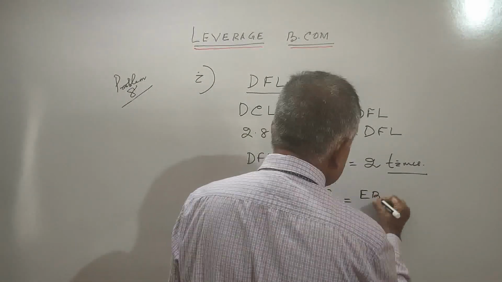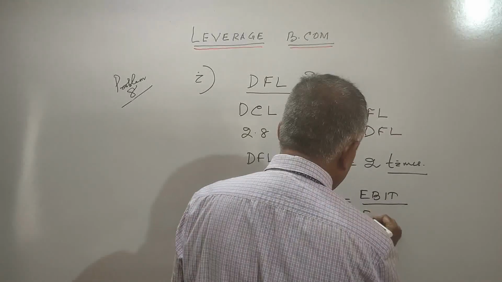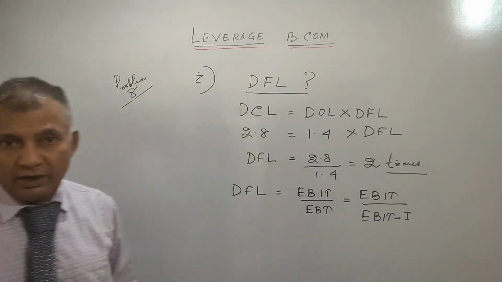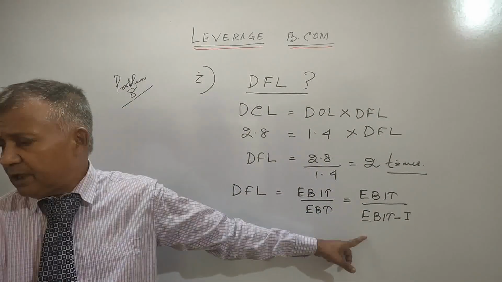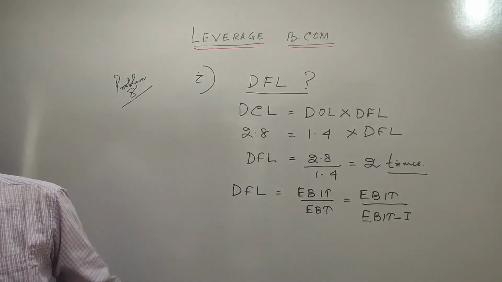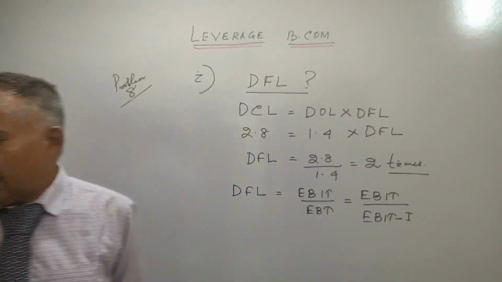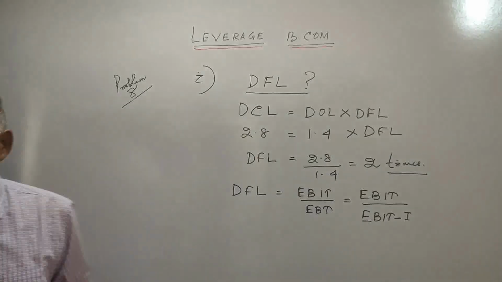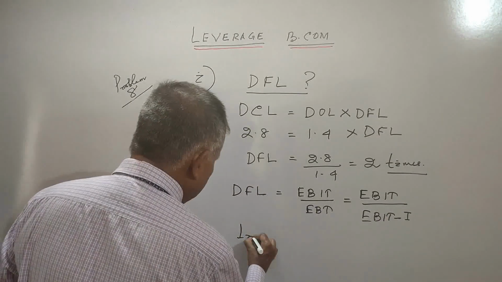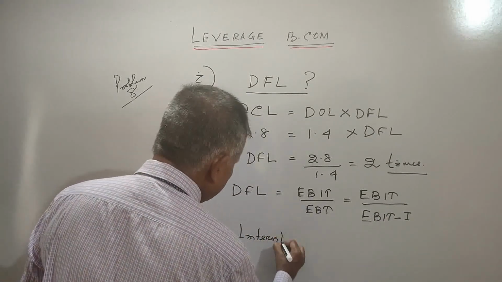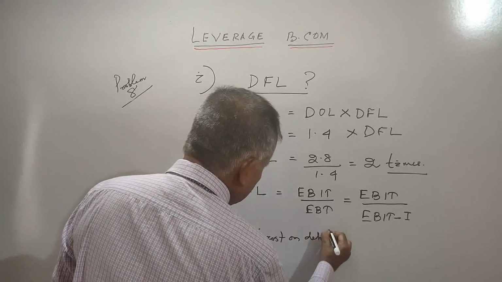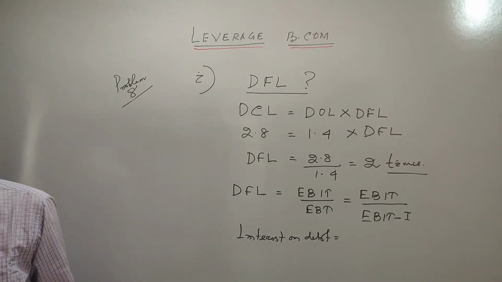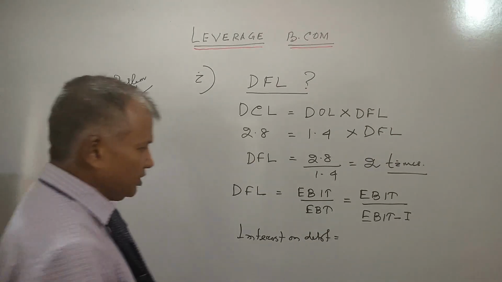We can write this EBIT divided by EBIT minus I. So here EBIT and minus I. I we can find out from the interest on debenture, interest on debt. So interest on debt, we have been given the debt. The debt is 21,25,000.